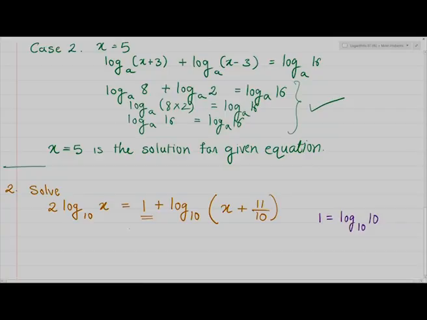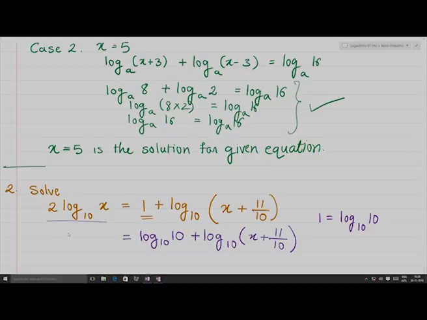Okay. If you agree to that, then I can rewrite the right hand side as log to the base 10 of 10 plus whatever is the remaining term, x plus 11 by 10. Okay. So, if this is the case, then I can rewrite this also by using the power law.